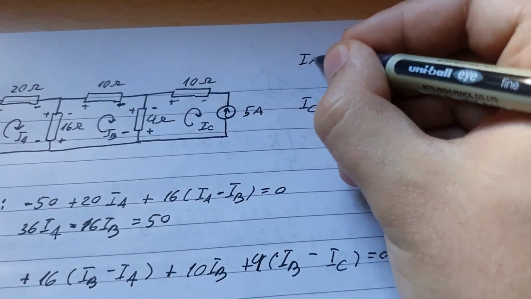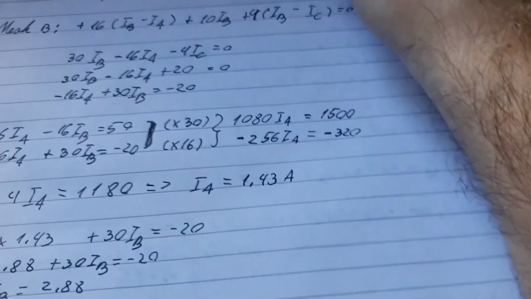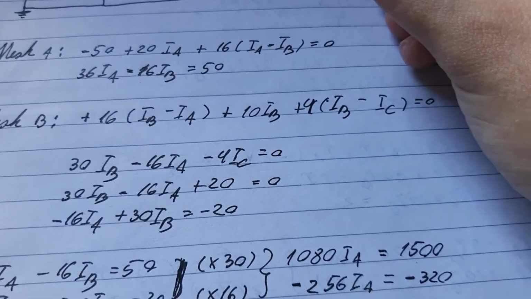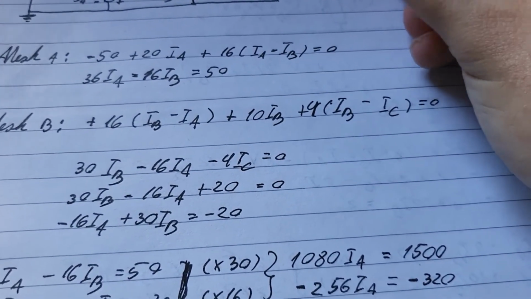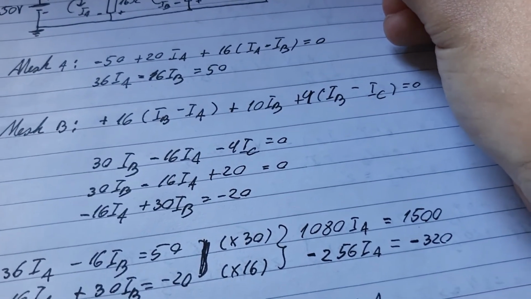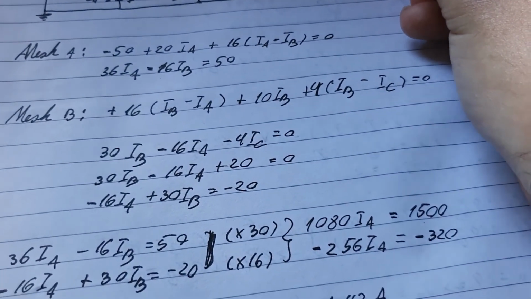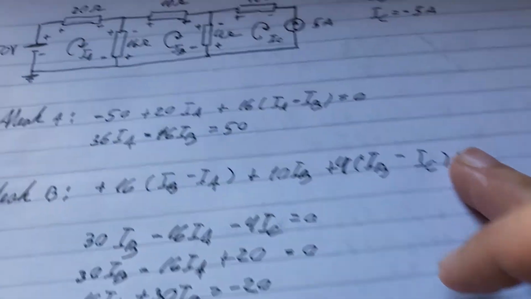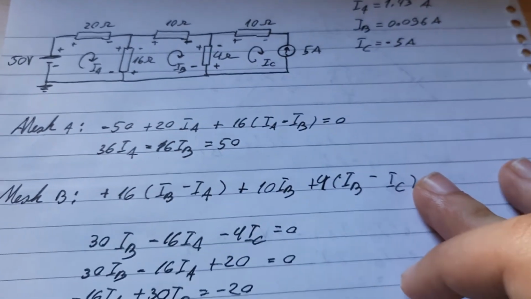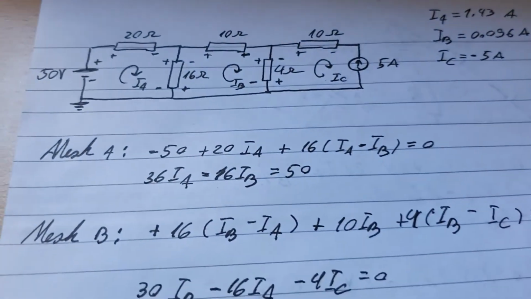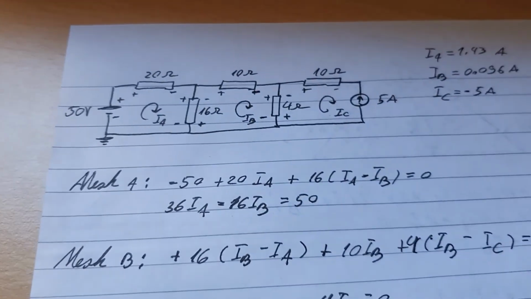So now we should have all three of them, because we know that IA is equal to 1.43, IB, which is in the middle, is equal to 0.096 amps. Okay, and that's the problem really, because we got the three currents, and by having the three currents we can easily calculate the resistances between them.